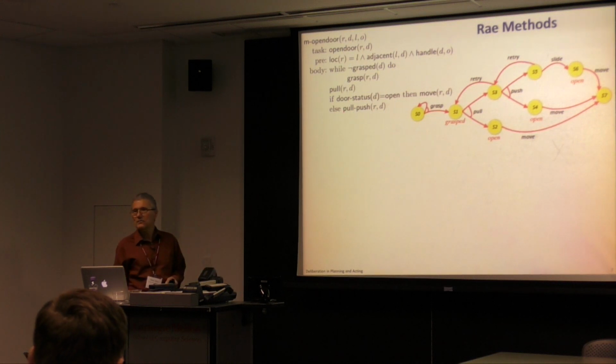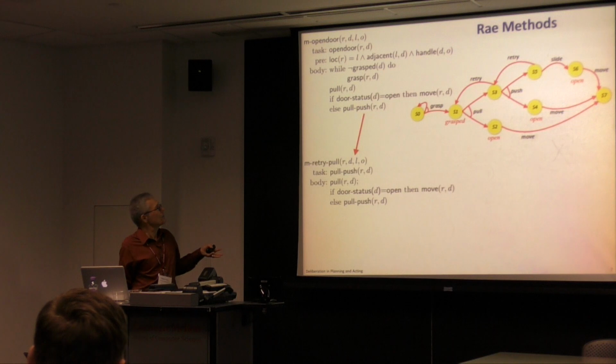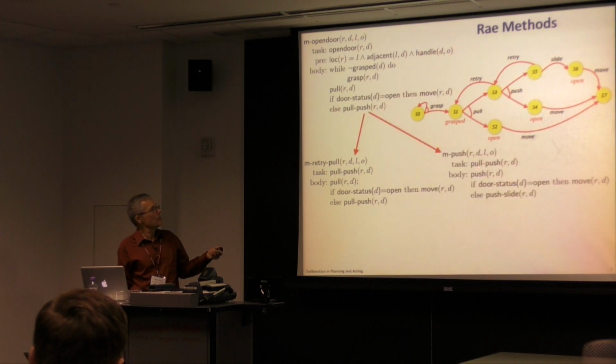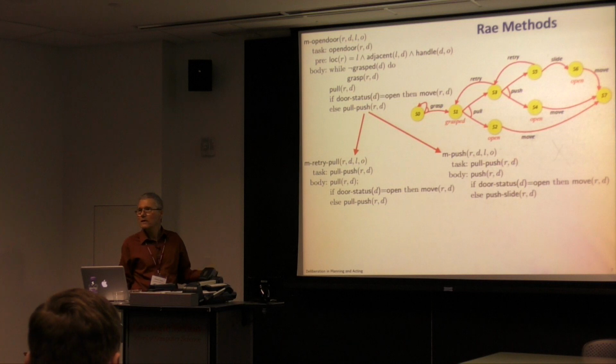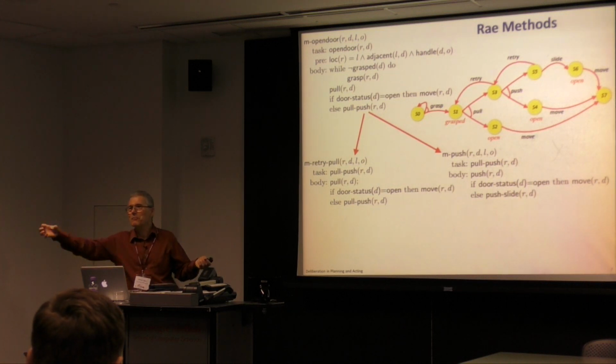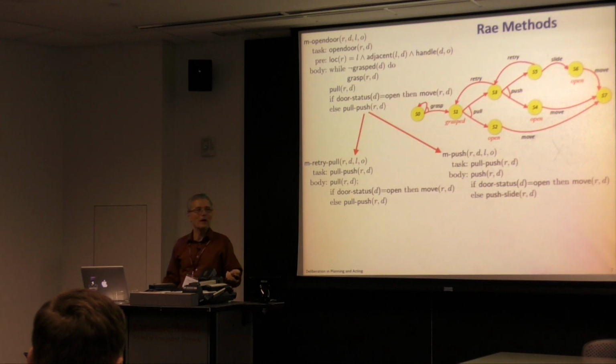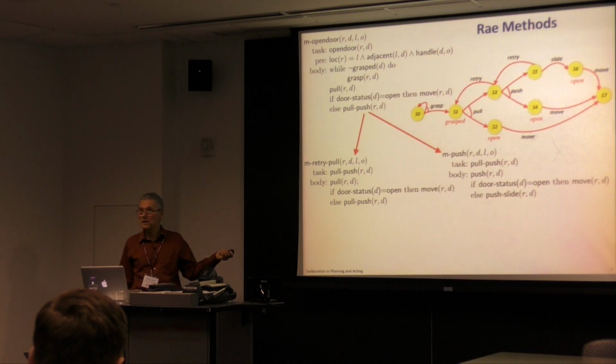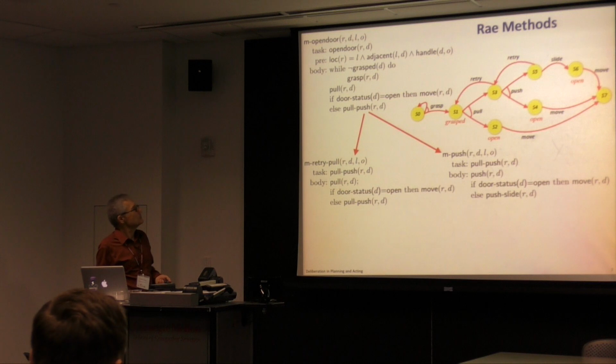And that basically is a non-deterministic choice that you can make between whether to use this method that tries pulling again or something that tries pushing on it. And depending on your mood and depending on whether you think that this is something that really should open that way, you may use one or another of these. Okay? All right.